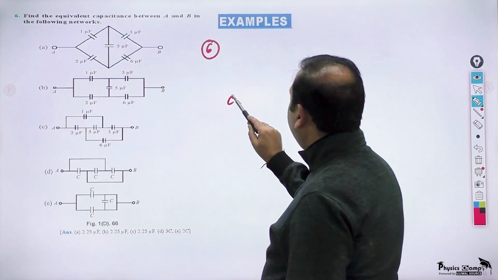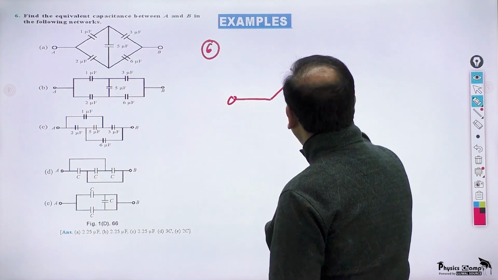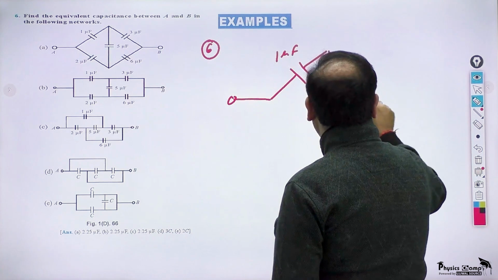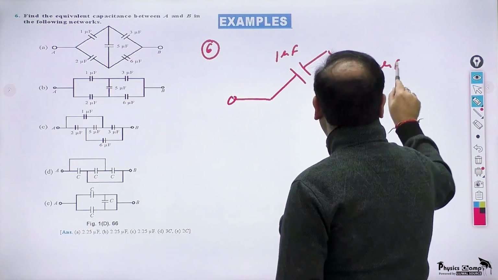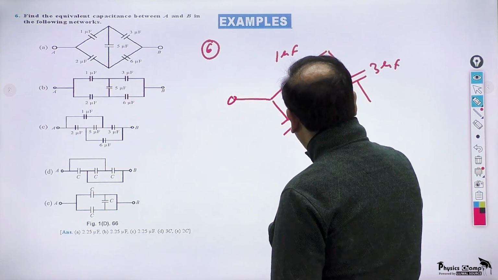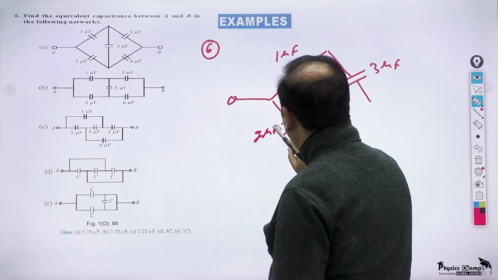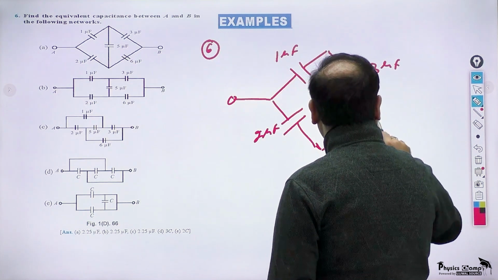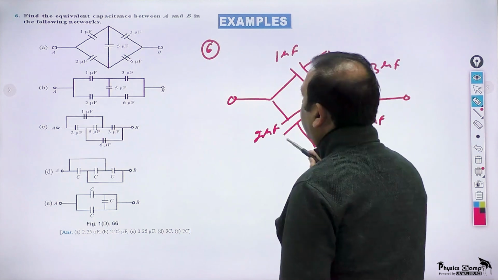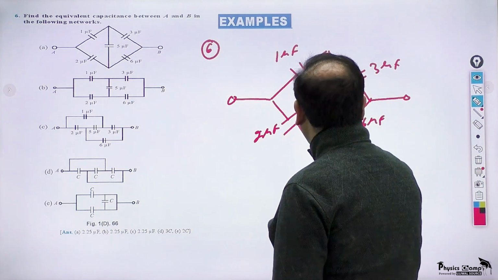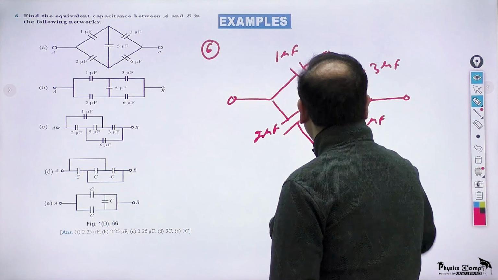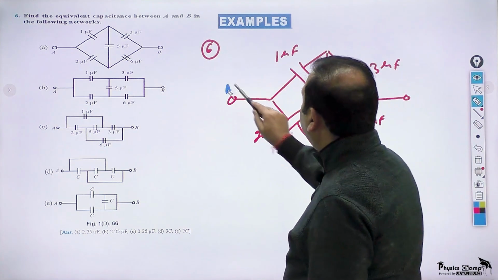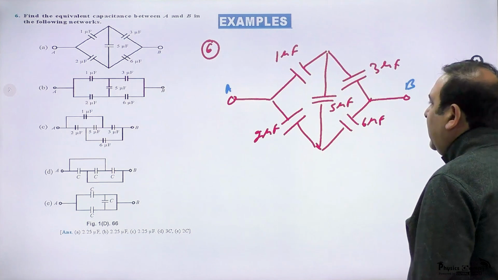First case where you have 1 microfarad, 3 microfarad, 2 microfarad and 6 microfarad. And here is 5 microfarad. Find the equivalent capacitance between A and B.